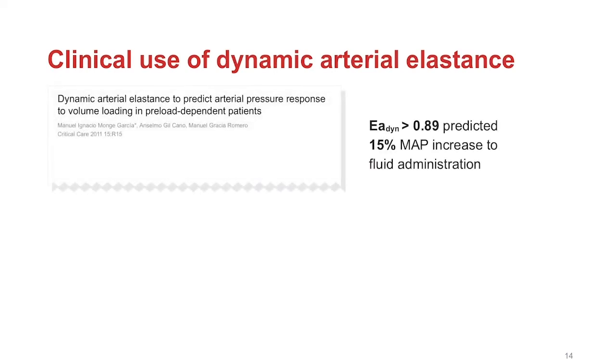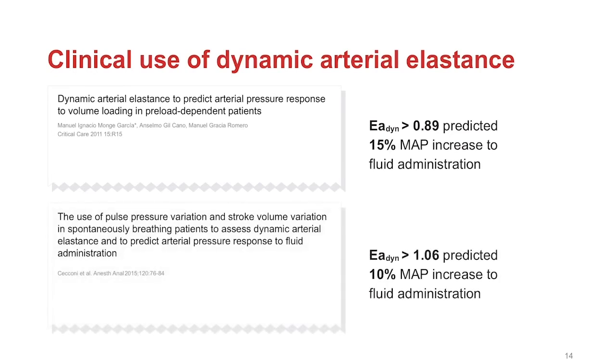EA-dyne has shown clinical utilities in a number of studies. Garcia found that in mechanically ventilated intensive care patients with preserved preload responsiveness, an EA-dyne of greater than 0.89 predicted those who would increase their mean arterial pressure to a fluid bolus. Similarly, Ciccone showed a similar cutoff of 1.04 in patients that were spontaneously breathing.